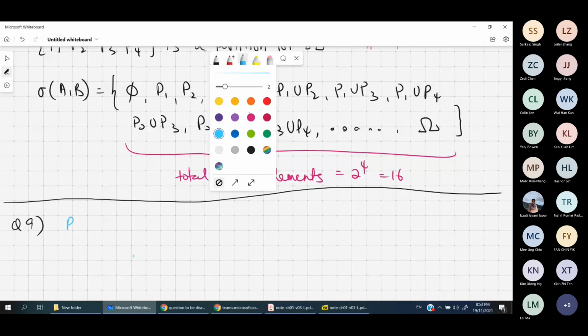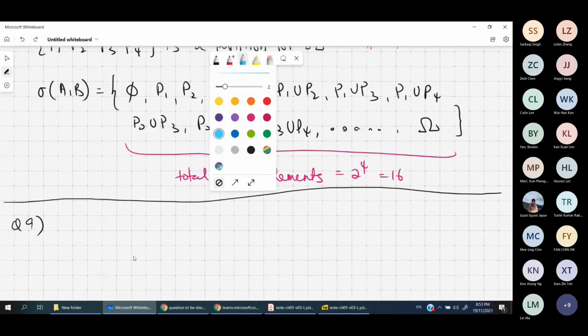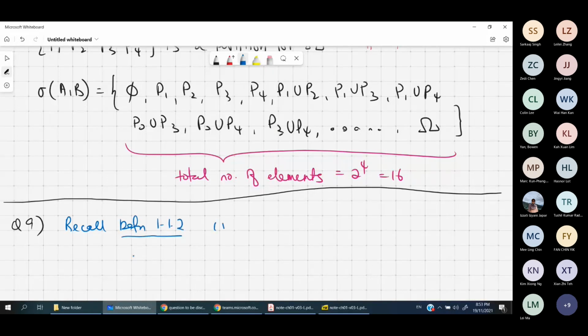So just recall the definitions. In 1.1.2, first of all, P of omega must be 1, and second, for any event A, P of A must be non-negative.